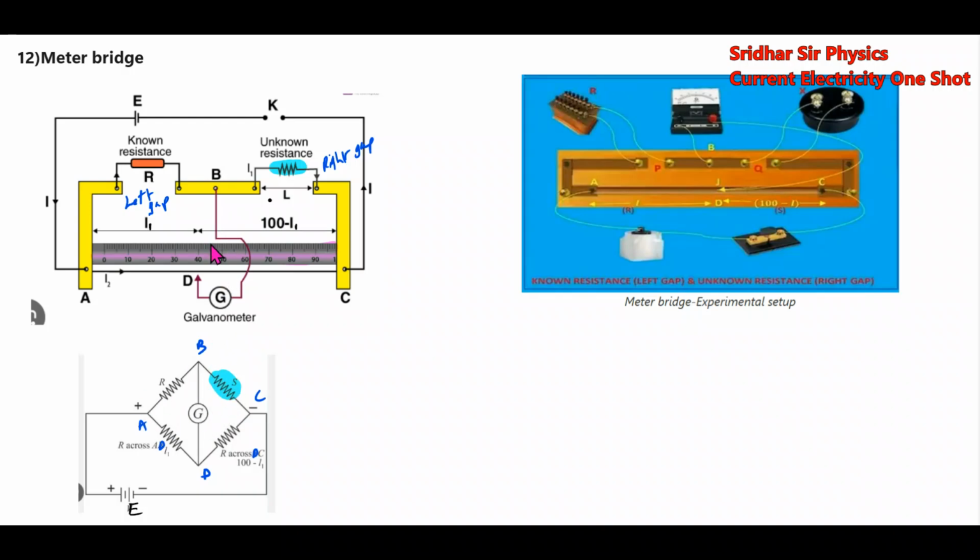Now first, this particular thing is called a jockey. A mobile sliding rod it is. So I can slide it here. Then when the bridge is balanced, when the galvanometer shows zero deflection, then I'll note down the length L1.